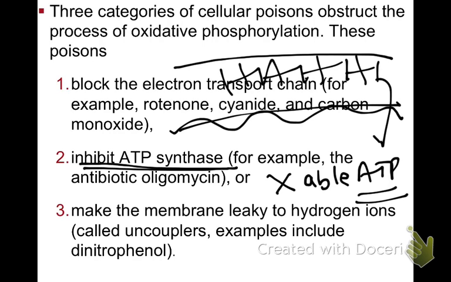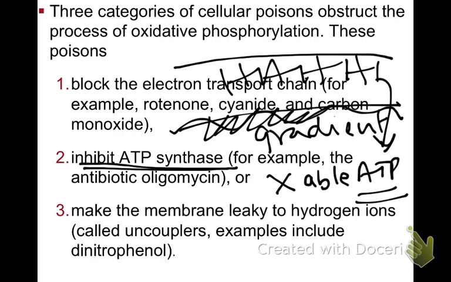And this gradient that we formed is the driving force that helps us derive energy. Now if I make the membrane leaky, there is no gradient because they are all flowing back and forth. There is no control, there is no high, there is no low, which means it is uncoupling the whole process, meaning all the process of transferring the electrons becomes useless. Okay.